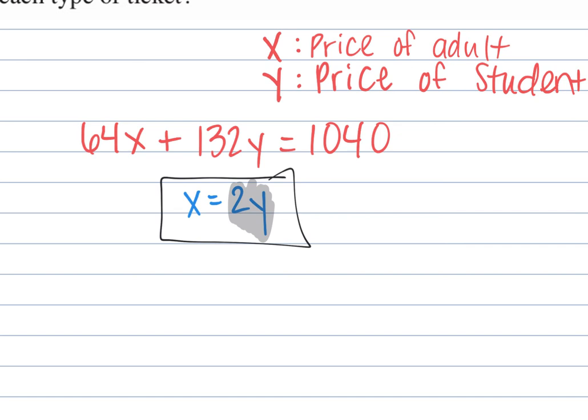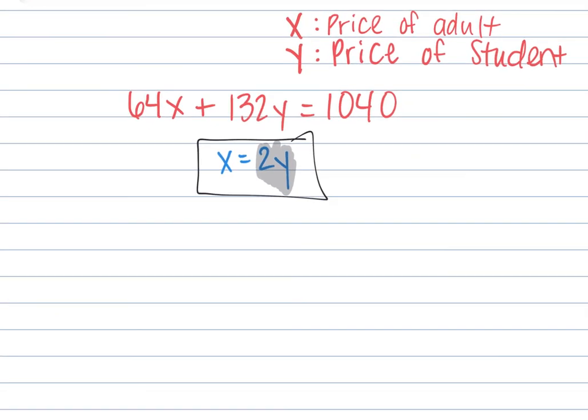In the first equation, for what? For x. So we're going to write 64 times 2y plus 132y equals 1,040.